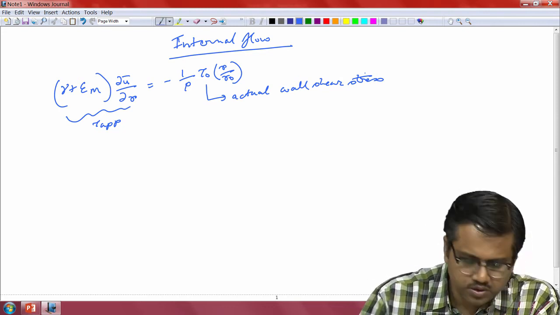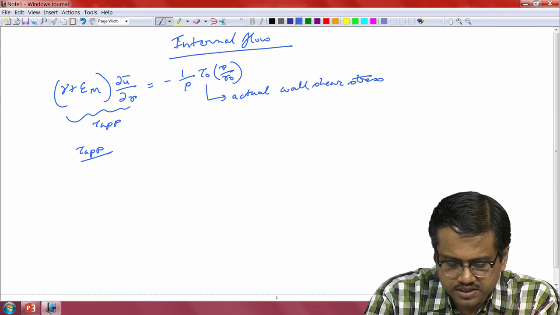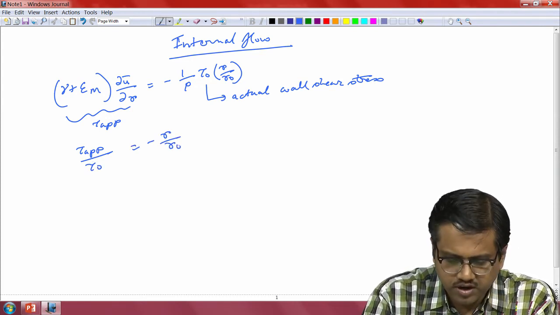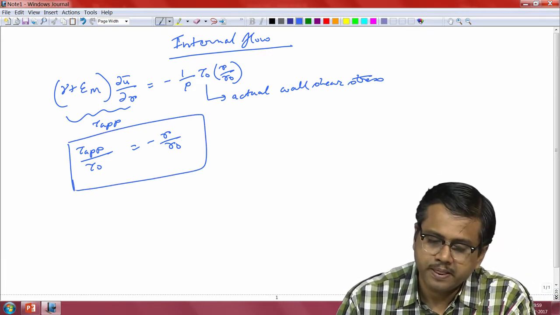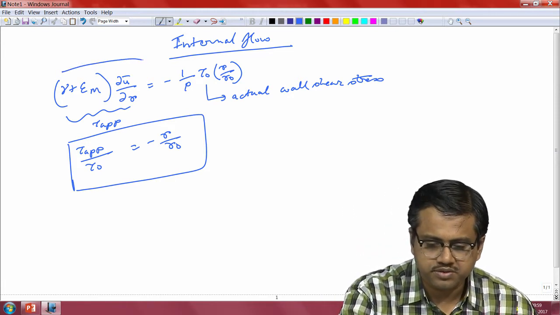So, tau apparent by tau naught is equal to minus r over r naught, that is what you can write, because of the reason that we mentioned over here.